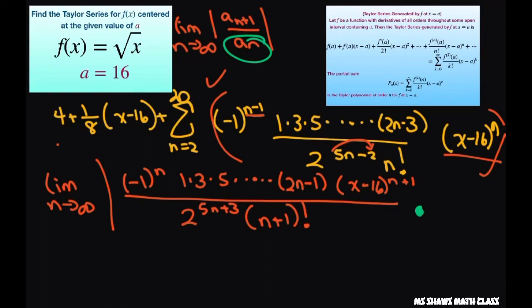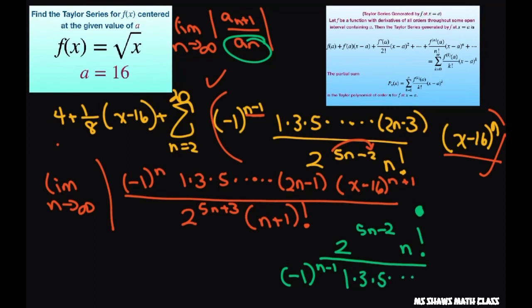When you flip this over, you're going to get 2 to the power of 5n minus 2 times n factorial divided by negative 1 to the n minus 1 power times 1 times 3 times 5 times dot dot dot times 2n minus 3, and then we had x minus 16 to the nth power.